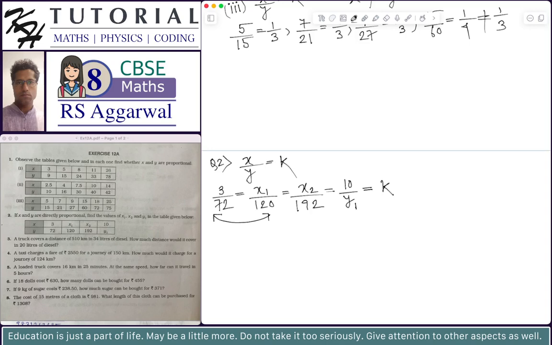Using these two ratios and cross multiplication, 3 multiplied by 120 is equal to 72 x1.